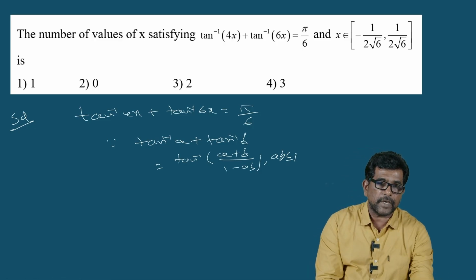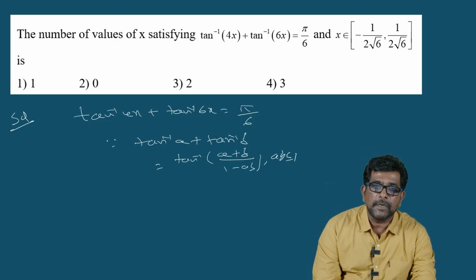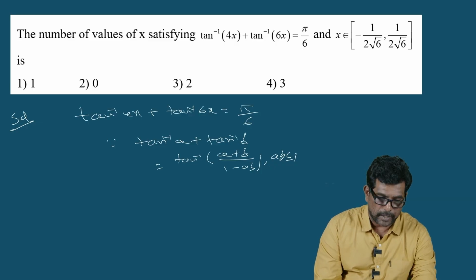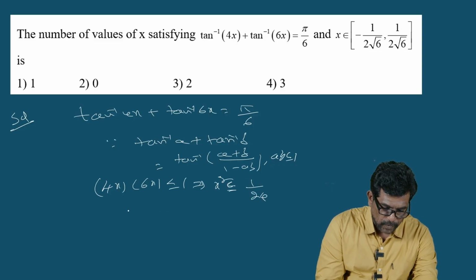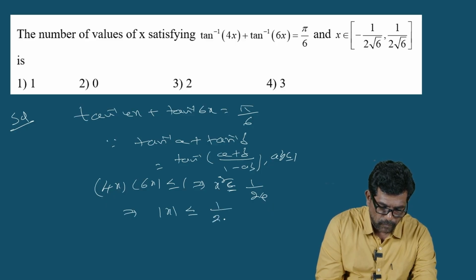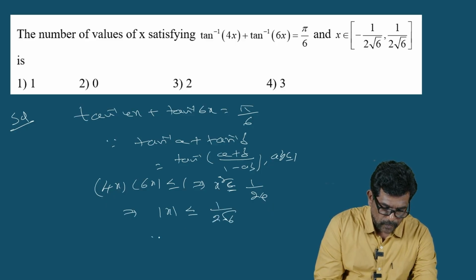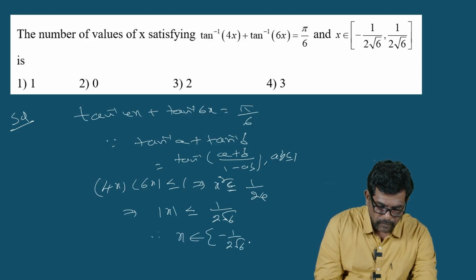So here first we are going to check whether the x value satisfies this condition or not. That is, 4x into 6x is less than or equal to 1. That means x^2 is less than or equal to 1/24. So from this, mod x is less than or equal to 1/(2 root 6). Therefore x belongs to the closed interval [-1/(2 root 6), 1/(2 root 6)].